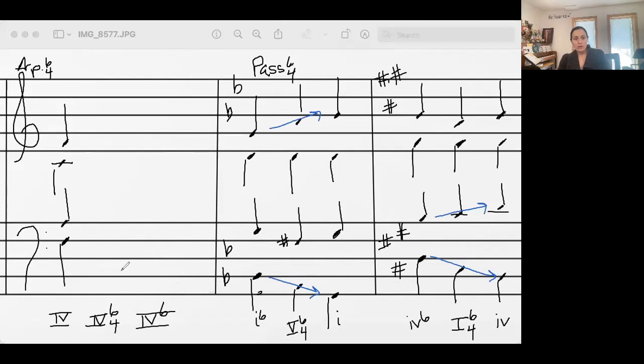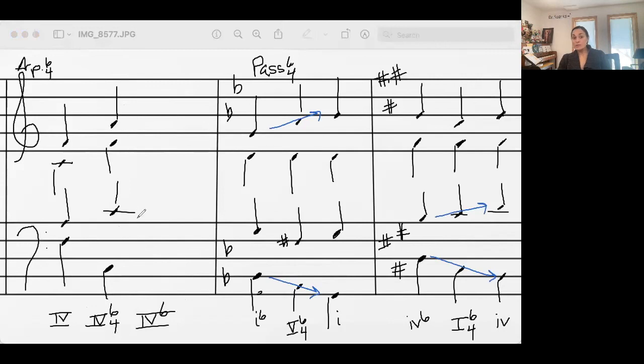So going here, we're going to have a C, and double the C because the C is our fifth here. Then we're going to go F and A. Check out the voicing.